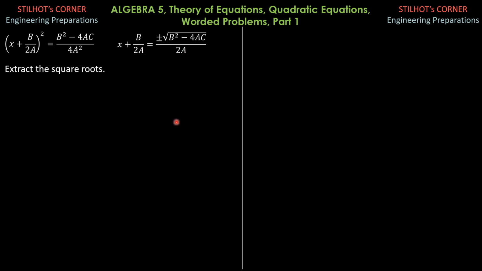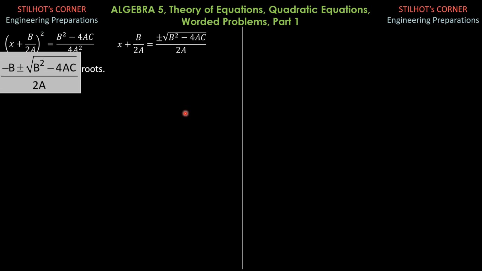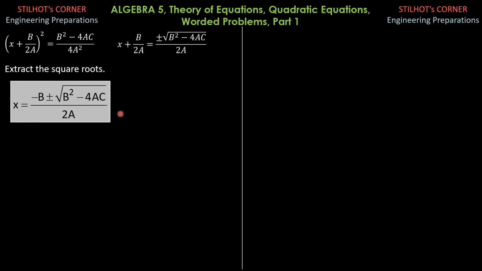So extract the square roots. So that's the result. Then we now have the quadratic formula, which is x equals negative b plus minus square root of b squared minus 4ac all over 2a. So this is the quadratic formula.